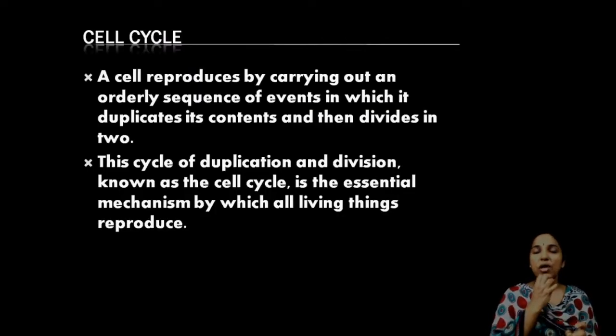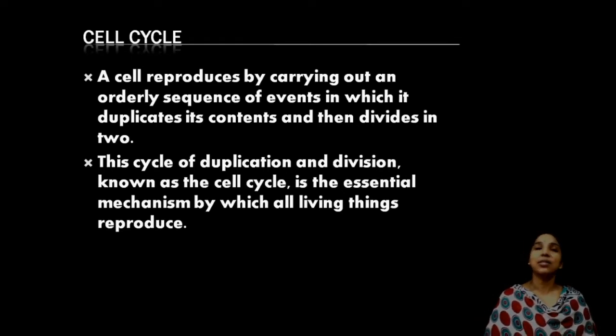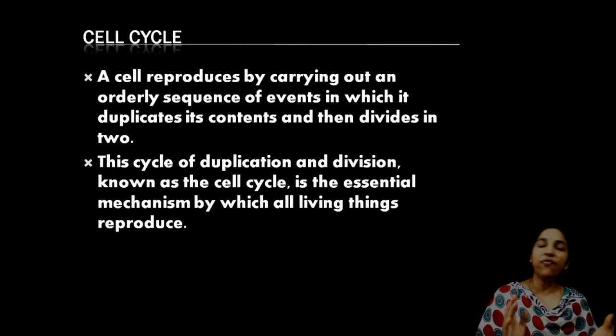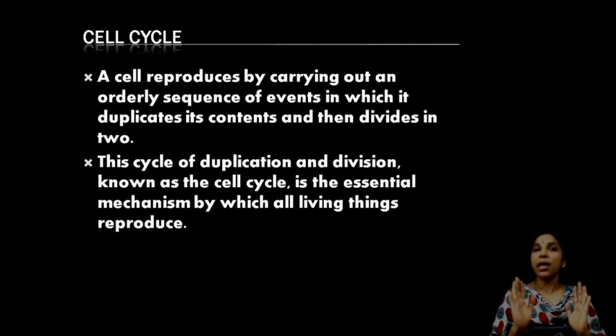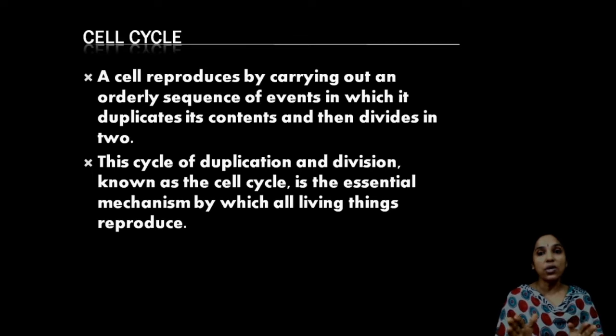Before going into that chapter, I am giving you a brief introduction regarding the cell cycle and its controlling. You know every cell undergoes the division phase, and there is a resting phase also. A cell reproduces by carrying out an orderly sequence of events.